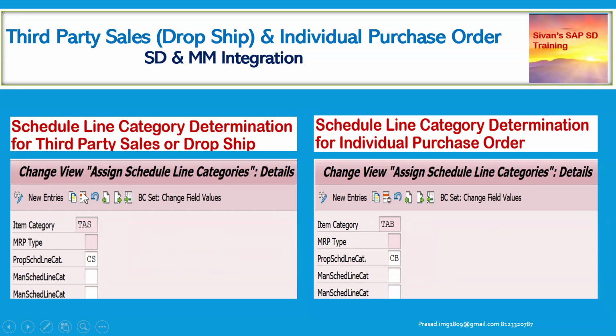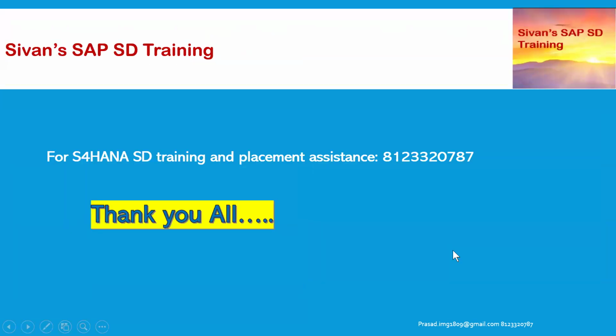Schedule line category determination: item category plus MRP type. TAS plus CS, that is TAS plus MRP type gives schedule line category CS, the third party scenario. For the individual purchase order, TAB plus MRP type gives CB, the individual purchase order schedule line category determination.